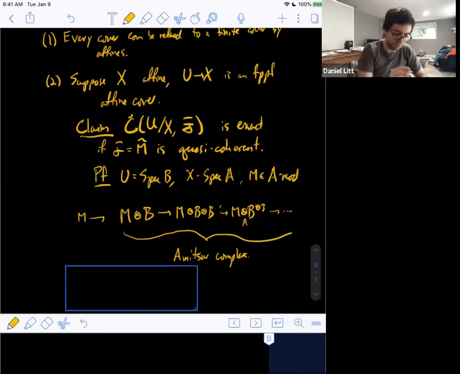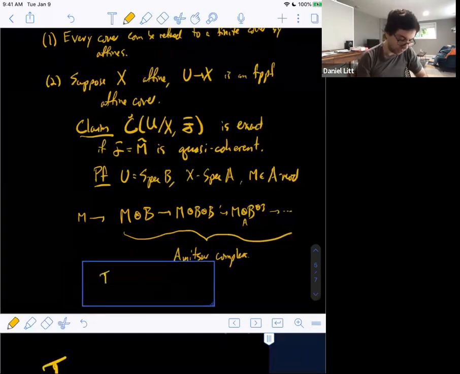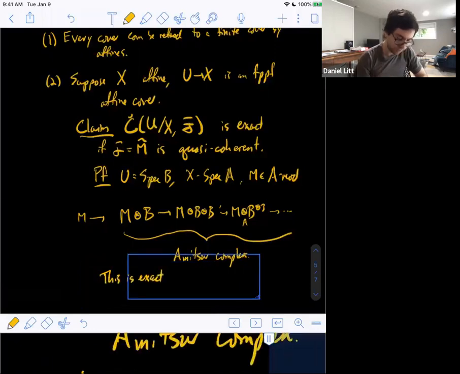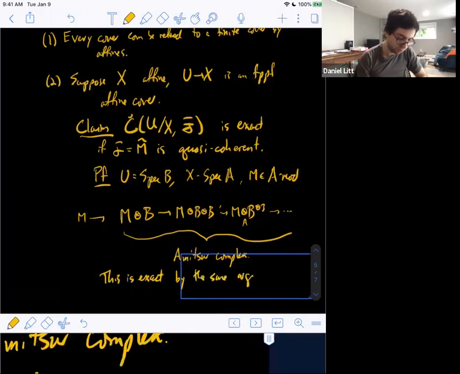So the claim is that this complex is exact, by exactly the same argument as in the proof of descent.